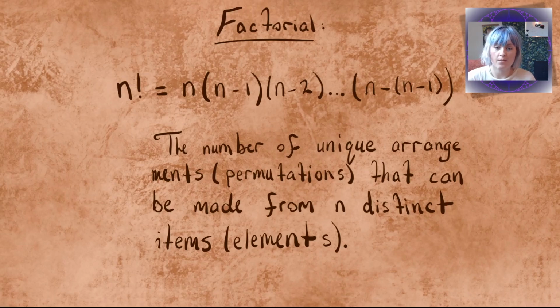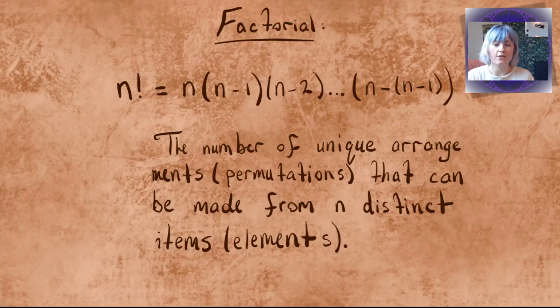So we have, of course, what we're used to seeing on the screen, and then what it actually is: the number of unique arrangements, which if you've ever studied probability, would be called a permutation.